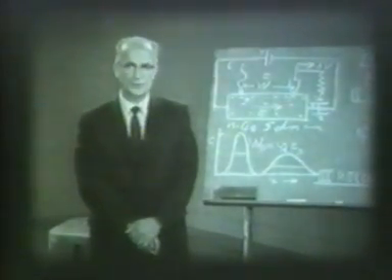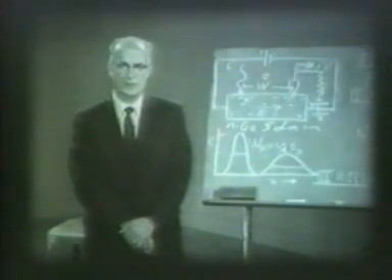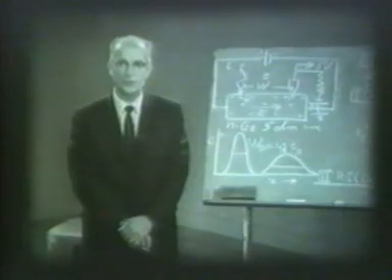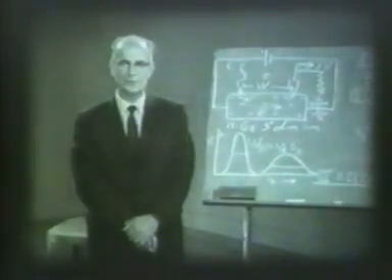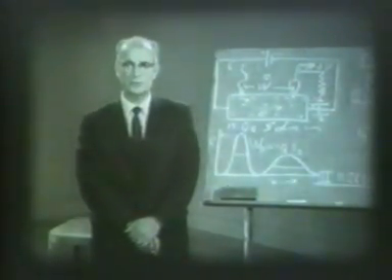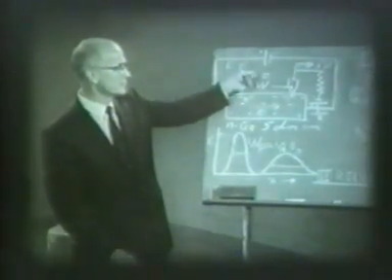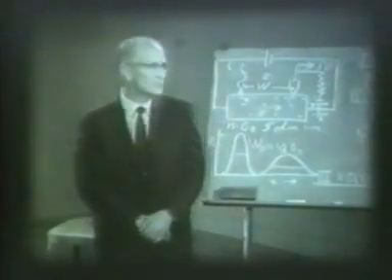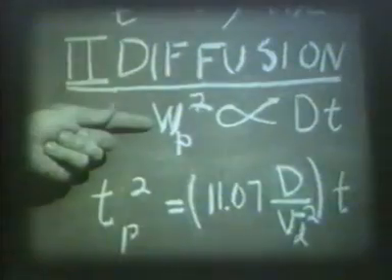Now for our case of diffusion in a uniform electric field, the width w sub p depends only on the transit time t and the hole diffusion constant D, with dimensions of centimeters squared per second. The only dimensionally correct relationship between w sub p, the transit time t, and the diffusion constant D is w sub p squared is proportional to D times t.